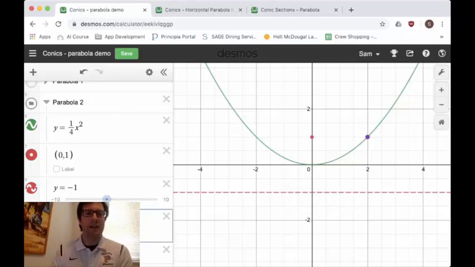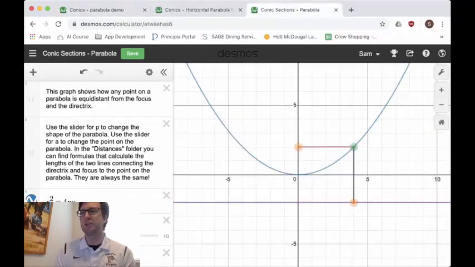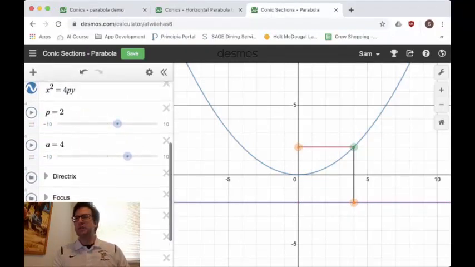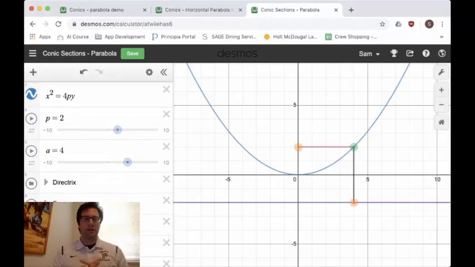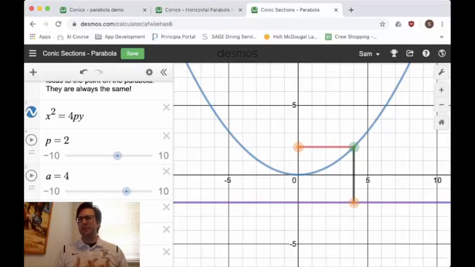Okay, so I've got another graph here that shows us a little bit more clearly. Okay. So here you can see I have now a parabola, and I'm going to make this a little easier to see. I have drawn in the parabola, the focus, and the directrix, and I've got these lines drawn too that connect a point on the graph to the focus and the directrix.